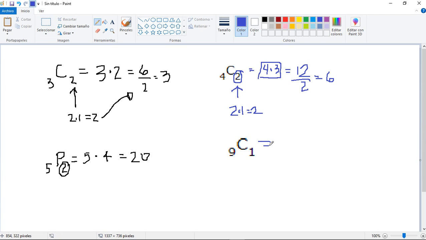So it means that this 9 is not going to be multiplied times anything because there is a 1 here. We're only going to use one number. Okay, but because this is a combination, we need to do the factorial 1, and the factorial 1 is 1, so it equals 9. 9 divided by 1 equals 9.